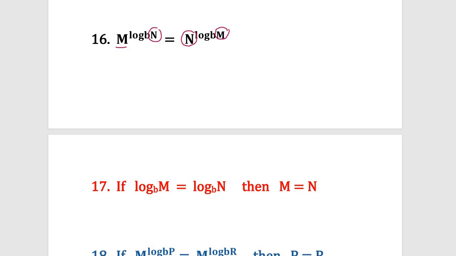So opposite numbers are assigned with the log. Since here m is the base of the power, m goes as the number of the log on the right side, and n, the number in the first log, goes as the base of the power on the right side. This is how formula 16 works.